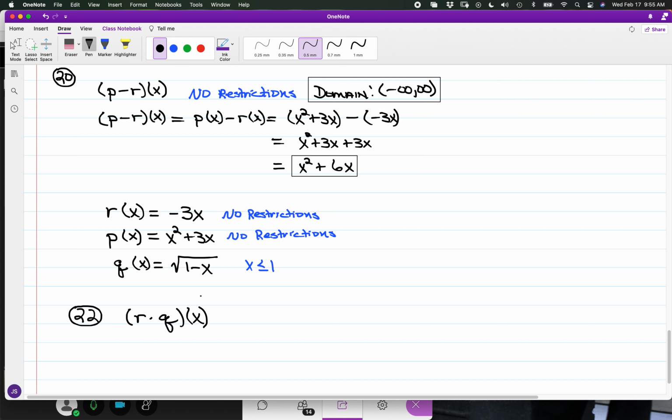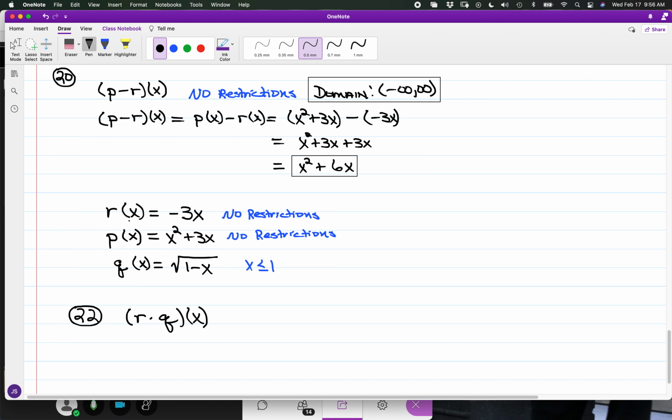For r times q of x, we're involving the functions r of x and q of x. Again, sum, difference, and product functions will all have the same domain, and their domain is going to be formed by combining the restrictions of the functions involved.